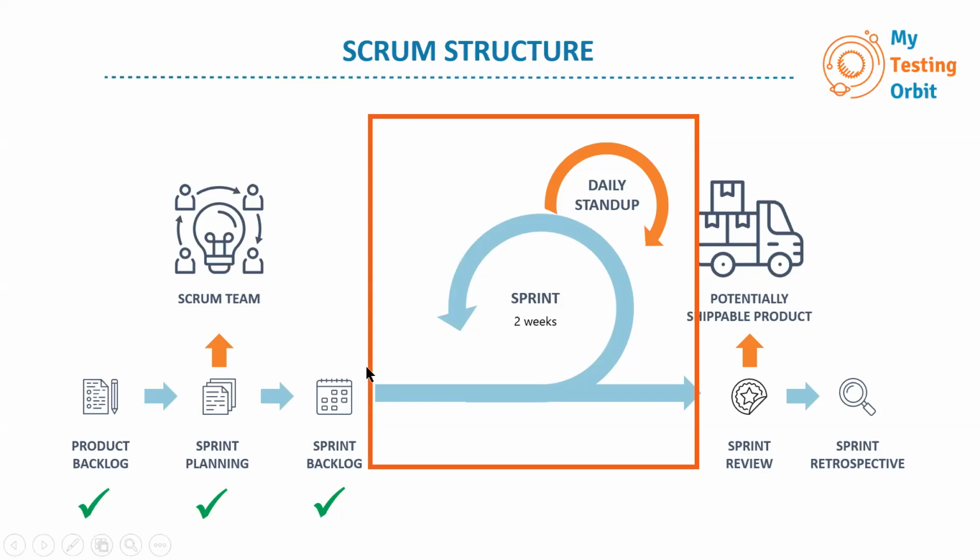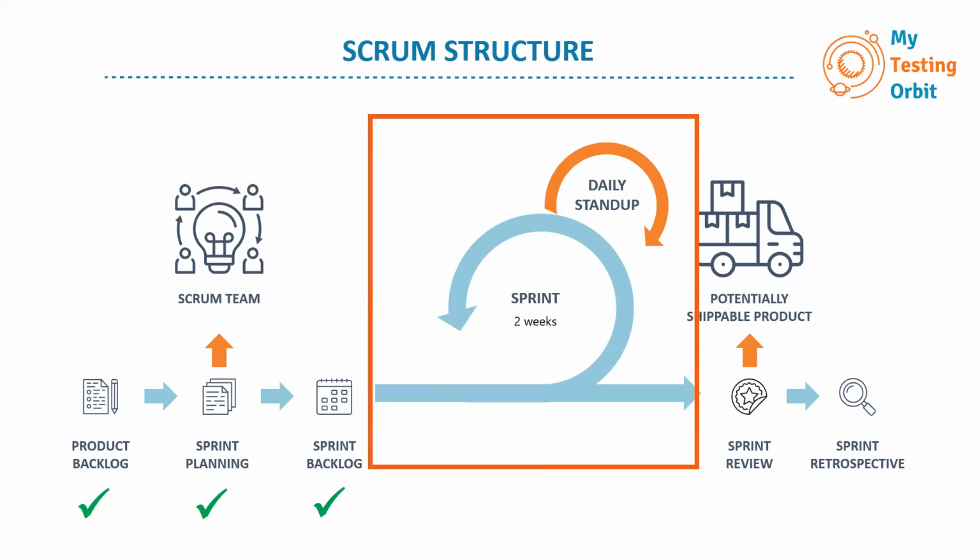Now I have highlighted this section because this is where we are right now. Our sprint has started. We are in a 2-week sprint, and we also have a daily stand-up. And what is the daily stand-up? Every morning for 10 to 15 minutes, all the team members gather together and tell what they did yesterday, what they will do today, and if there are any blockers likely to prevent them from doing what they are aiming to do today or tomorrow.